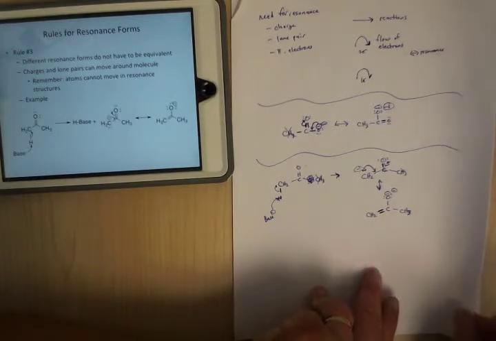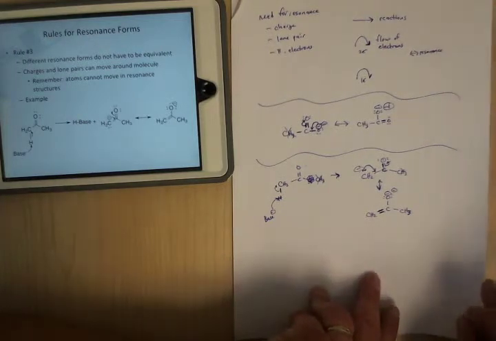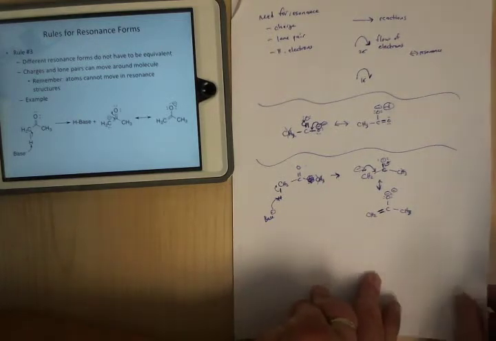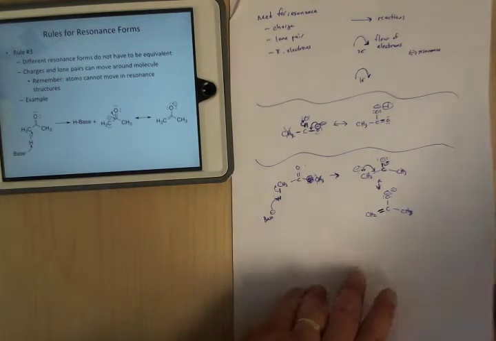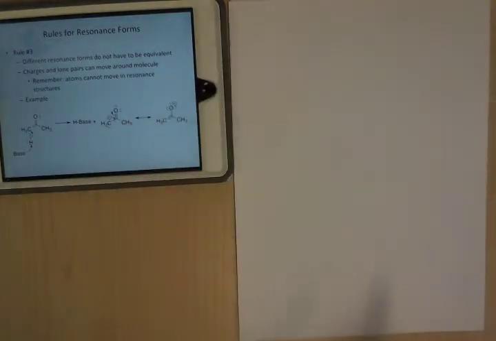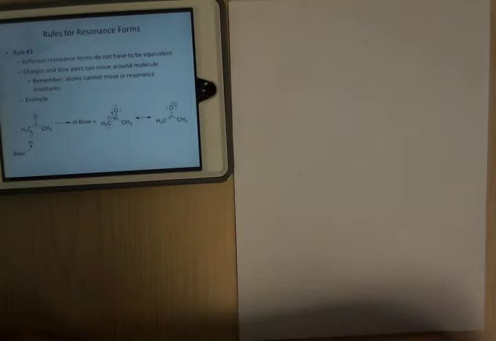Now, one other thing to know is that just because you can draw it doesn't mean that they're all equivalent. Some things are. There's a difference between which resonance structures are possible and which are likely.